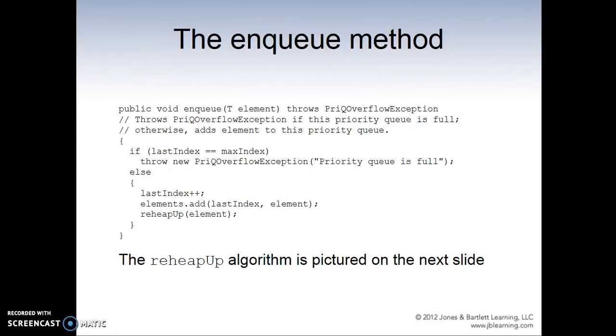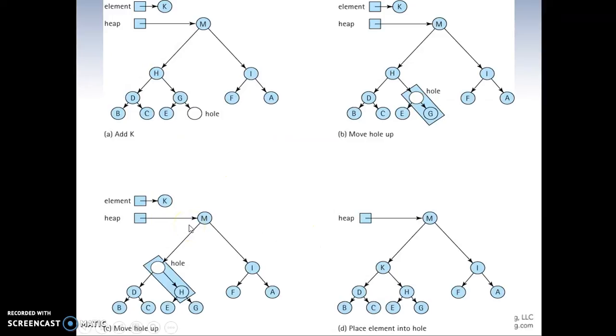Now for reheapUp, we have to look at the algorithm here. How are we going to implement it? We just talked about that. Let's look at it again. In enqueue, we give the hole, the empty element, a placeholder there.